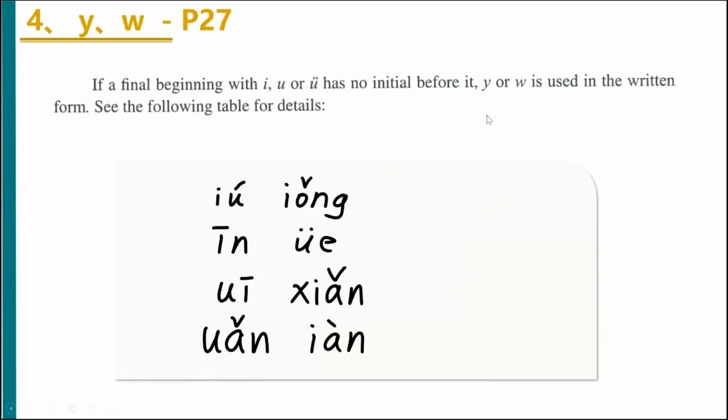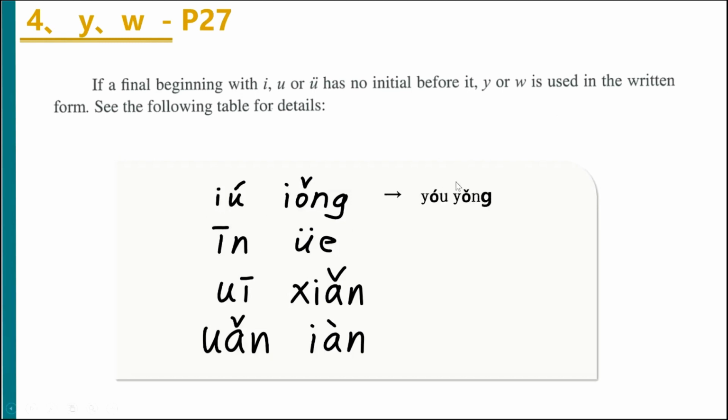Point number 4, y and w, which sound like i and u in the pinyin system. If a final beginning with i, u, or ü has no initial before it, y or w is used in the written form. Only in the written form. That means in the sound system, it doesn't change.